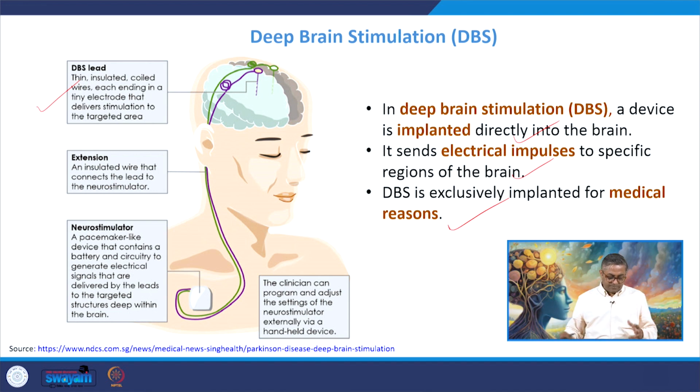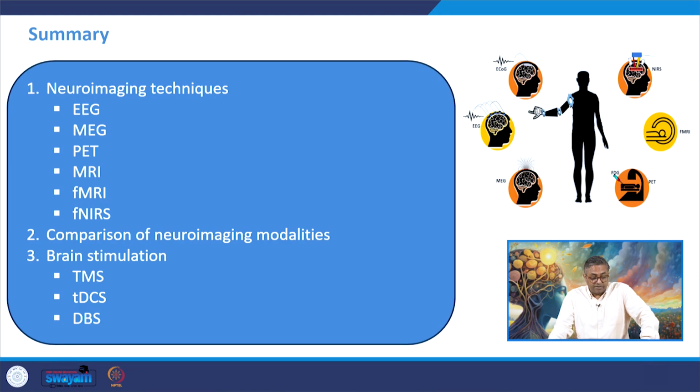The neurostimulator, like a pacemaker, can vary in price. When these implantations are done, it is very important to ensure where it is being placed and what type of cognitive process is being targeted. In many cases, people have realized that it influences the cortical processes at a much higher level and affects the cognitive processes.